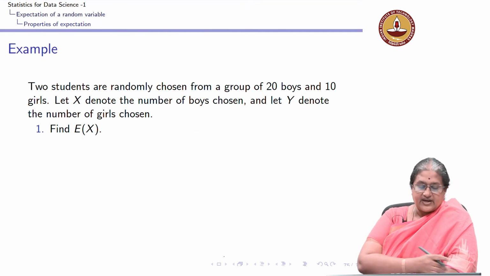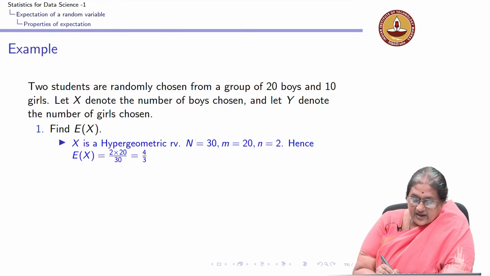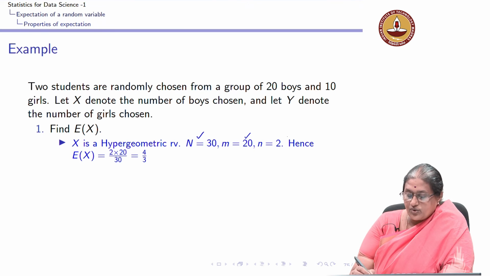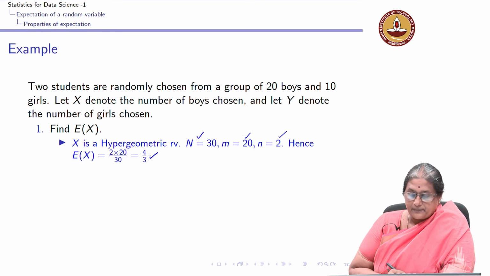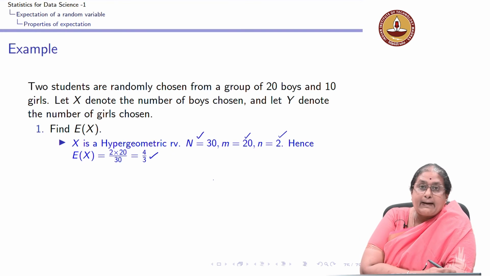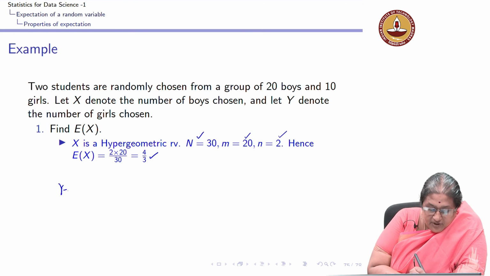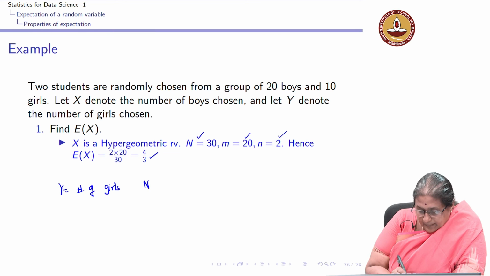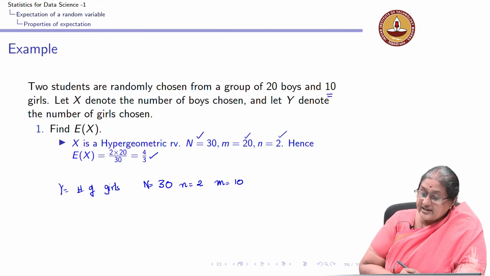So, you can see that the expected value of x, where I recognize N equal to 30, M equal to 20 and n equal to 2, is 4 by 3. Now, y is denoting the number of girls that is chosen. Everything else, capital N remains 30 and small n also remains 2, but my M is now going to be equal to 10 because I have only 10 girls.